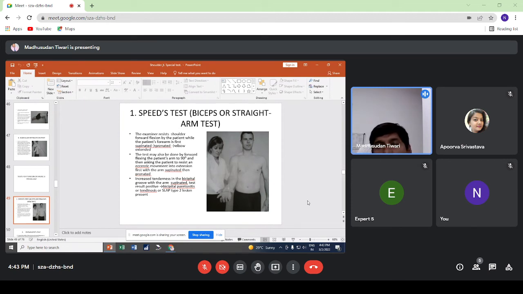See, there are three types of elbow flexion: elbow flexion in forearm supinated position, in forearm mid-prone position, and in forearm pronated position. In three positions, three different muscles are involved to perform this movement. In supinated position, the biceps basically acts. That is why in supinated position, if this test is positive, it indicates there is bicipital tendonitis.